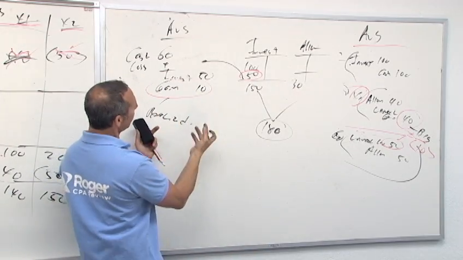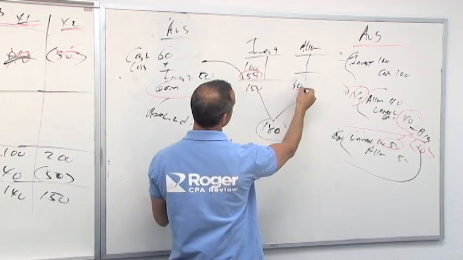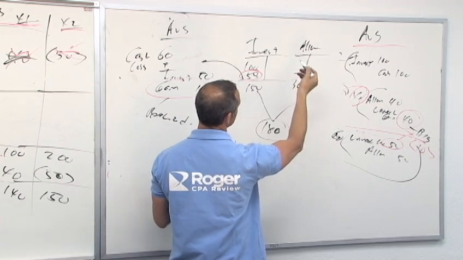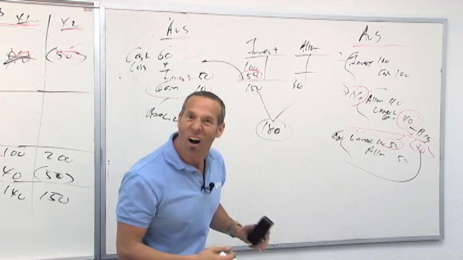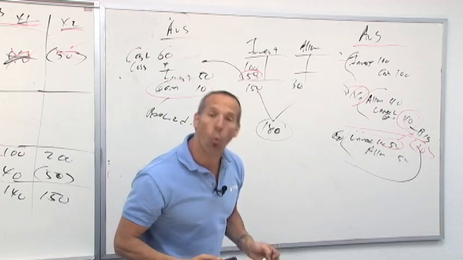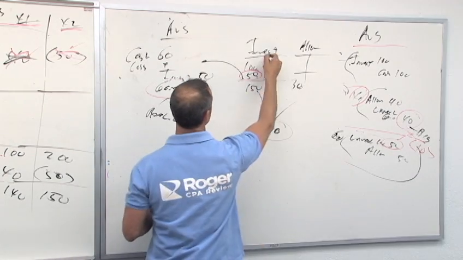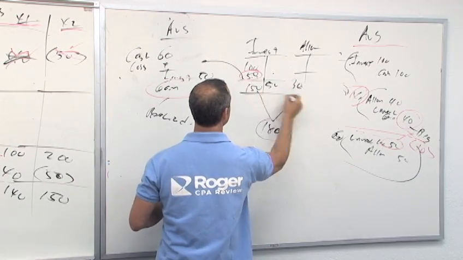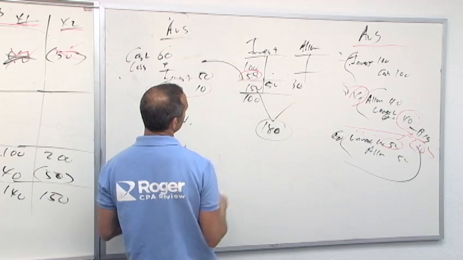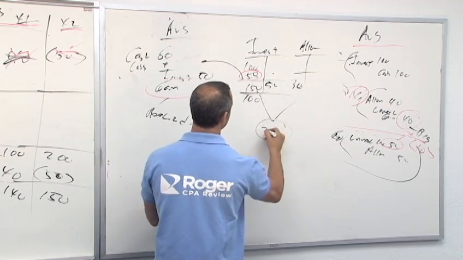But what about the allowance? Let's say they told you that of the 50, 10 of this was allowance. Guess what? You ignore it. You ignore the allowance. Why? Because the allowance is self-adjusting. Because what you'll do then is say, okay, I got rid of 50, I'm left with 100. How much is that $100 security worth? Let's say it's worth 125.